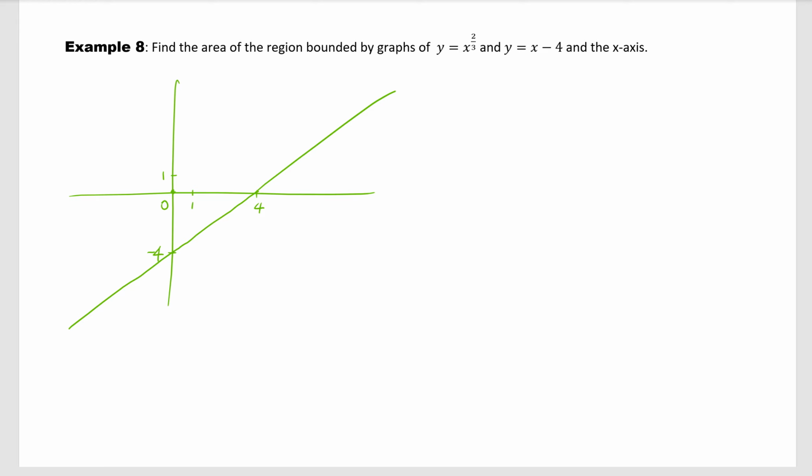We want to have integer points, right? Cube root of 8, we know, right? So I suggest that we plug in x as 8 because we want to work with integers. Then it's 8 to the 2/3, right? Cube root of 8 is 2. 2 squared is 4. Oh, so my y value is 4.